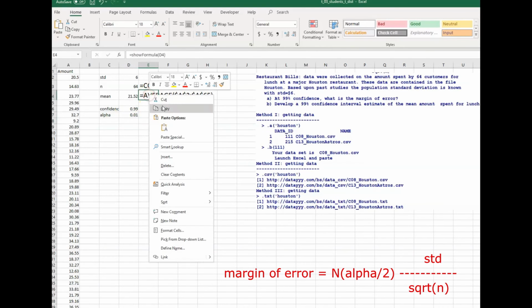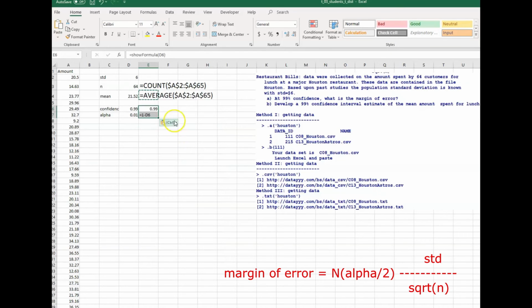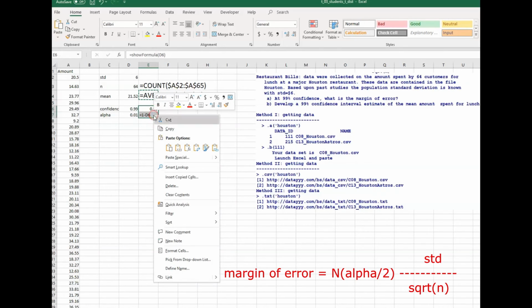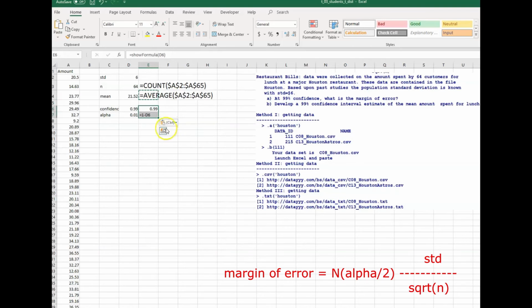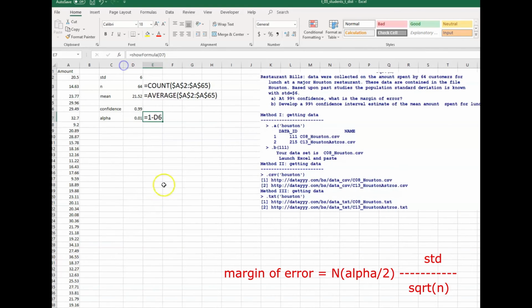I'm going to copy the two functions here. Oh, this is enter directly. So I have the formula here. It's 1 minus confidence level.